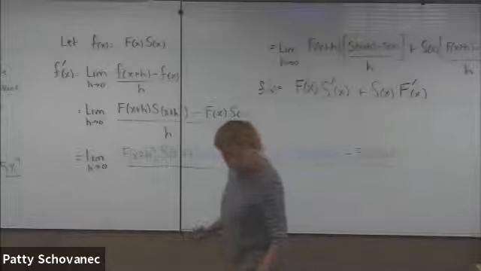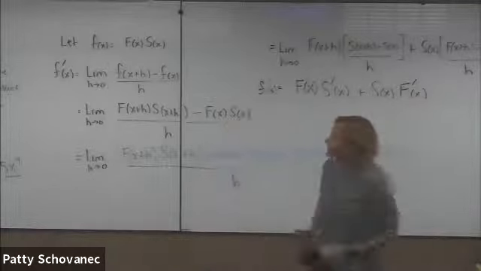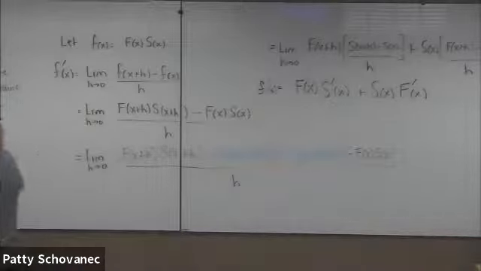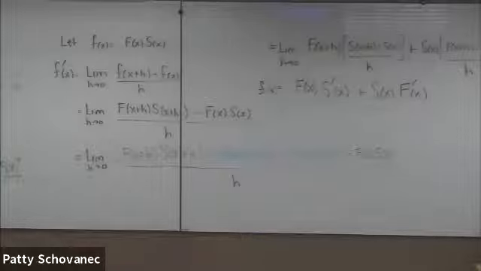So in words, the product rule: the derivative with respect to x of the first times the second is first times the derivative of the second plus the second times the derivative of the first.